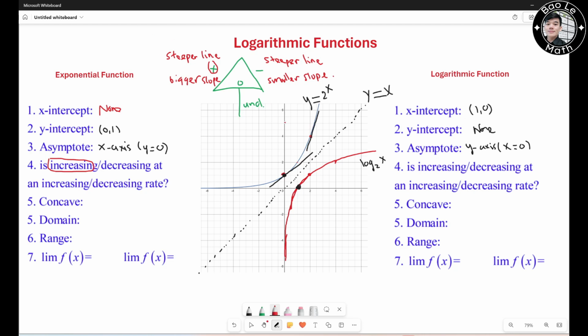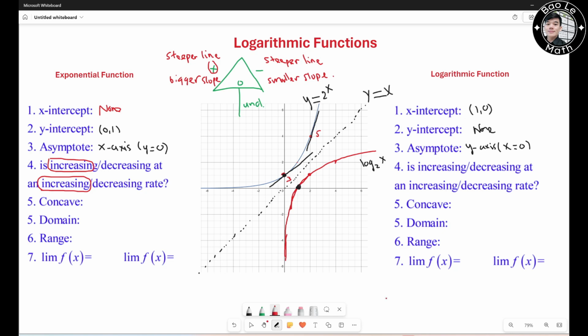Because the line is steeper, the slope is bigger, which means the rate of change is increasing. For example, the slope of this one equals 3, and the slope of this one equals 5. To get 5 from 3, it's increasing by 2. So the function is increasing at an increasing rate.